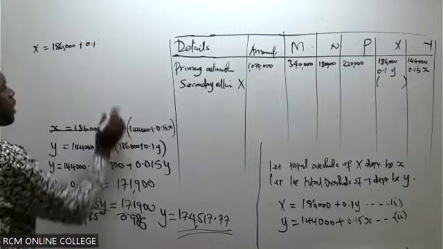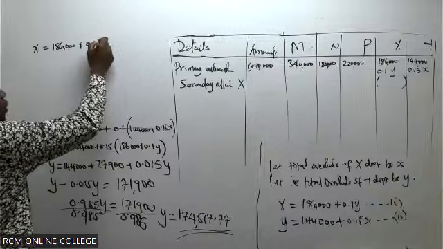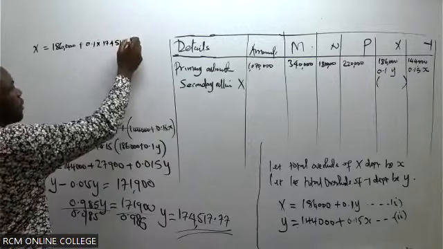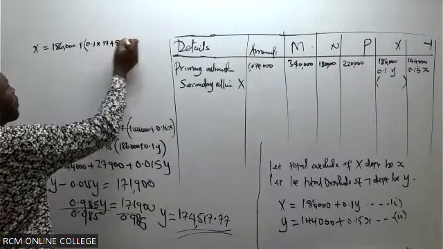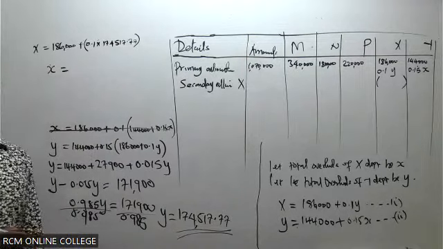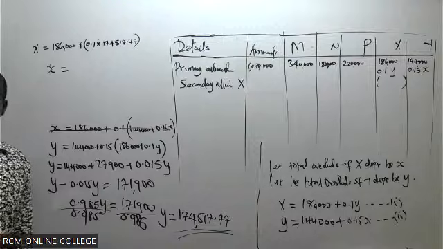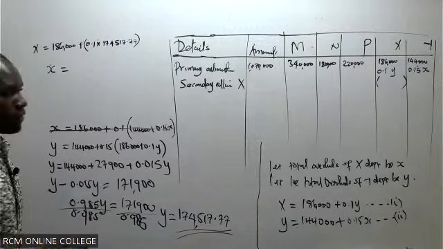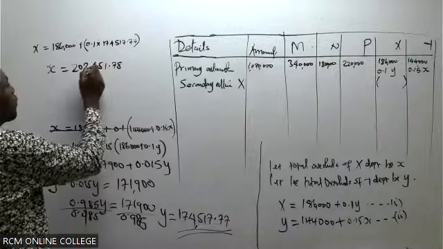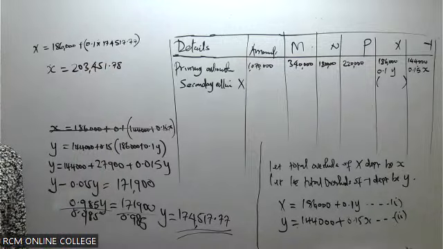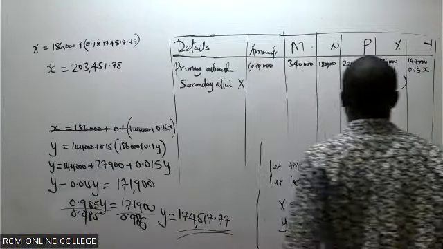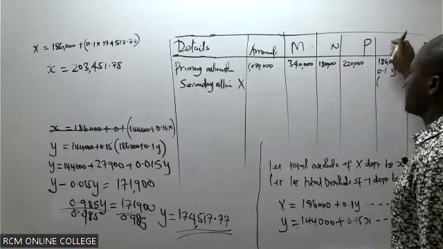And now we have the value of Y. So 0.1 of 174,517.77. When we do that, what do we get as the value of X? 203,451.78.